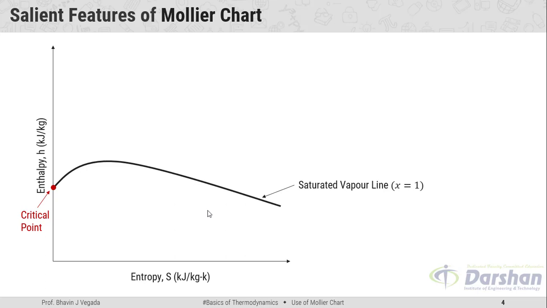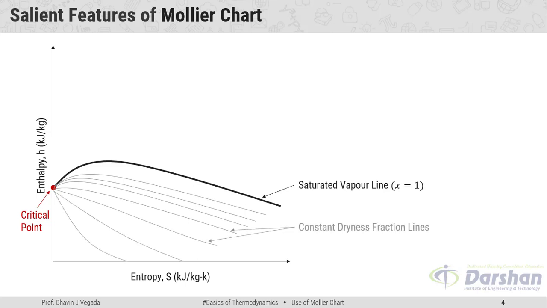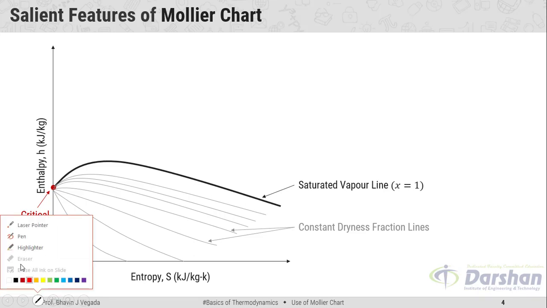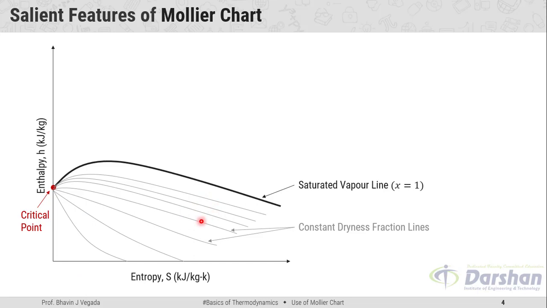The region above the saturated vapor line represents the superheated region, whereas the region below the saturated line represents the wet region. The quality of wet steam is decided by its dryness fraction, hence the wet region contains constant dryness fraction lines.